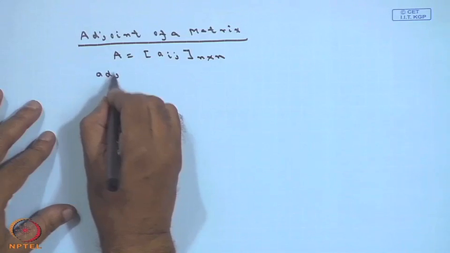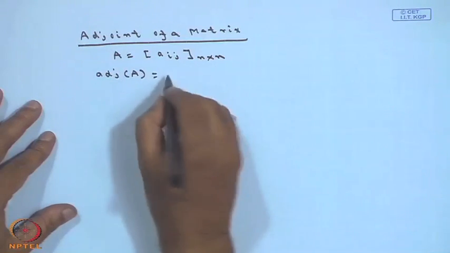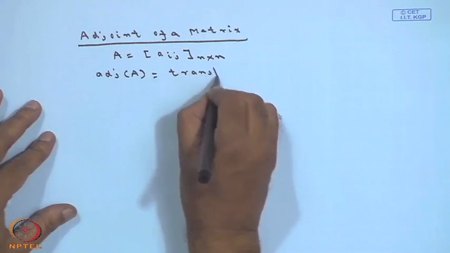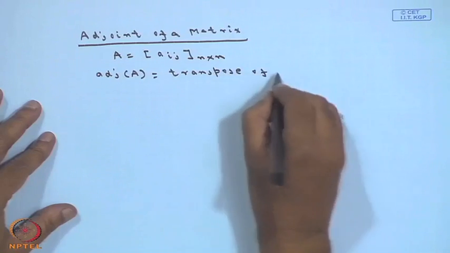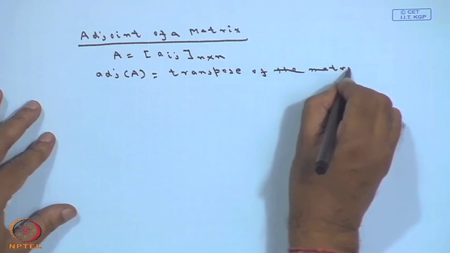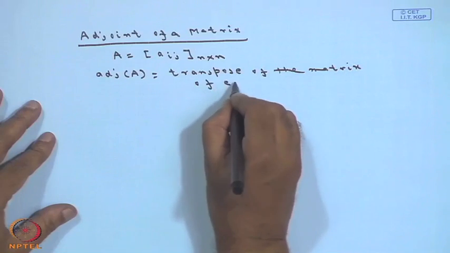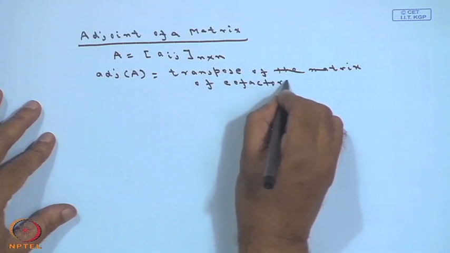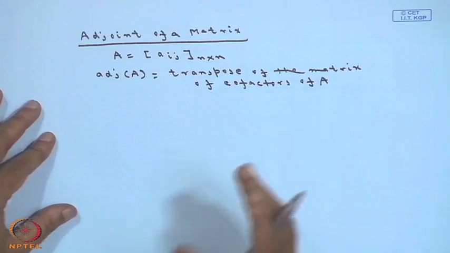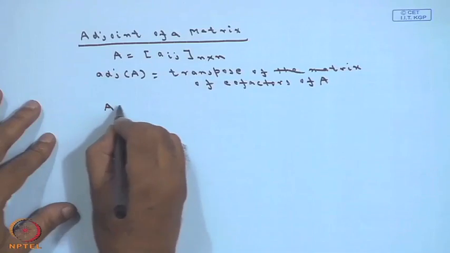Then the adjoint of A we write simply as the transpose of the matrix of cofactors of A. So, you first find the cofactor of each element of the matrix A, as we have already told how to find the cofactor, and then take the transpose of the matrix of cofactors. That resultant matrix is called the adjoint matrix. Let us consider one example.